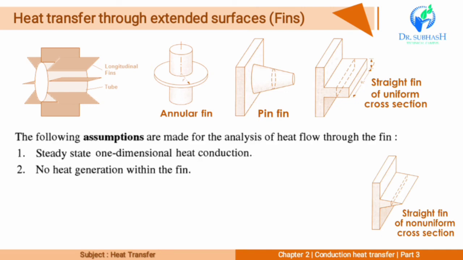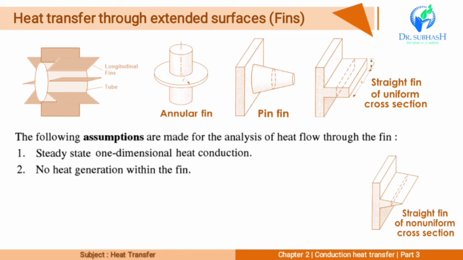The ribs attached along the length of a tube are known as longitudinal fins. The concentric annular discs around a tube are known as circular or annular fins. Pin fins or spines are rods protruding from a surface.